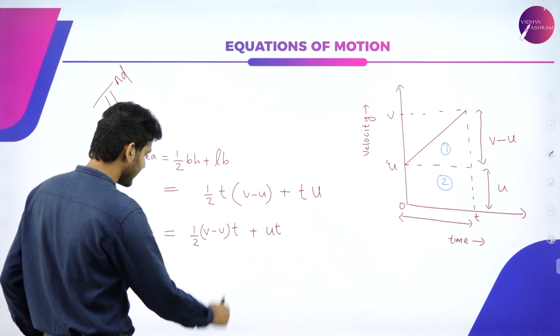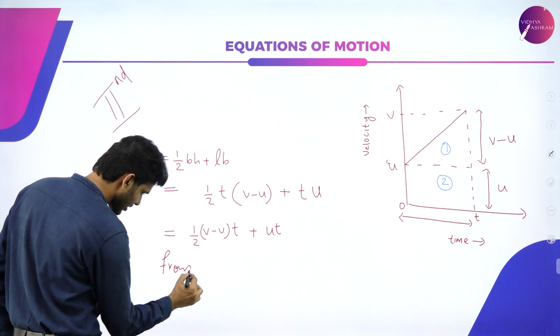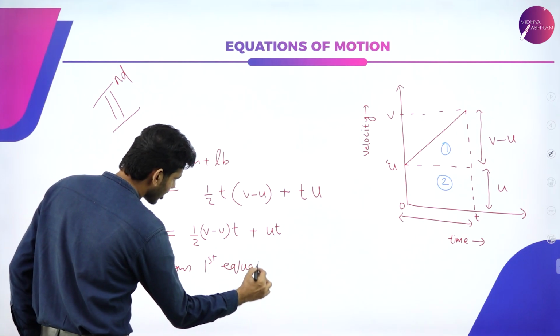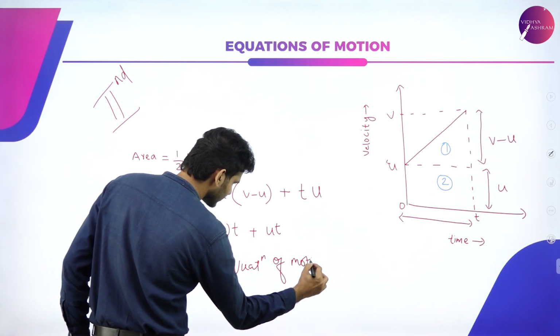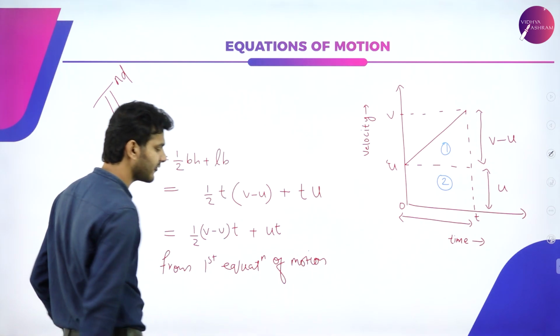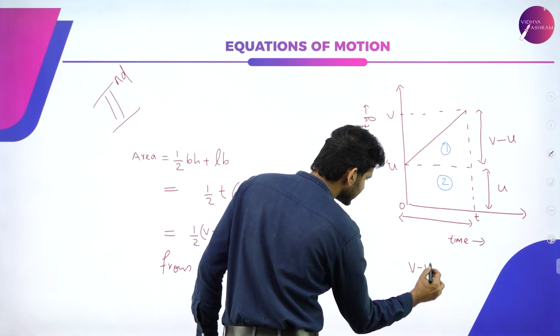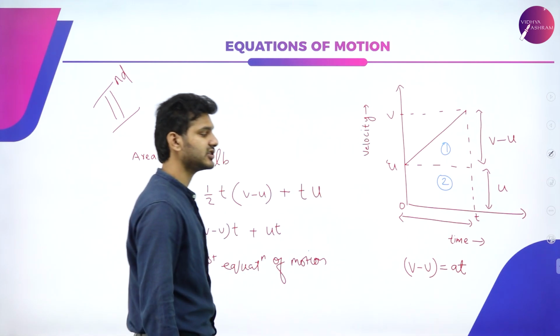That is, from the first equation of motion, we know that v minus u is equal to at.